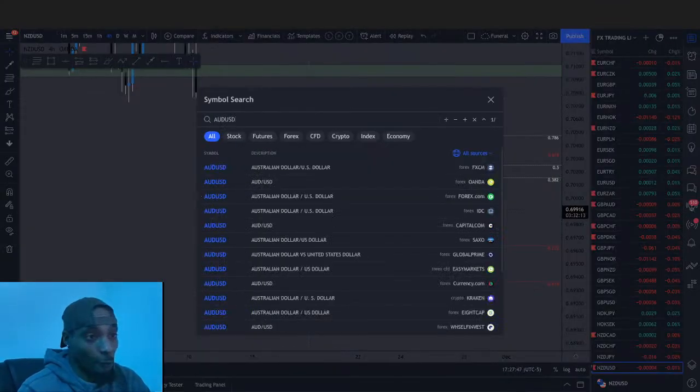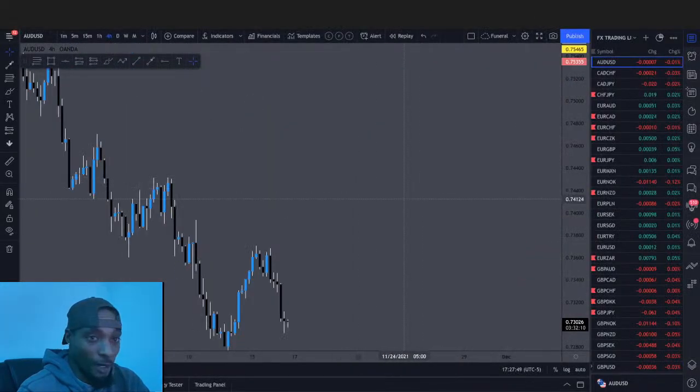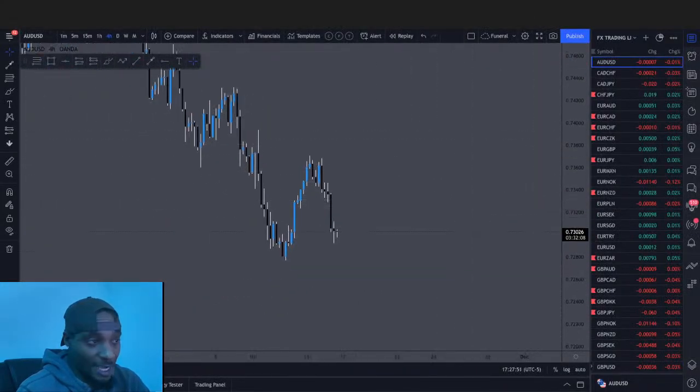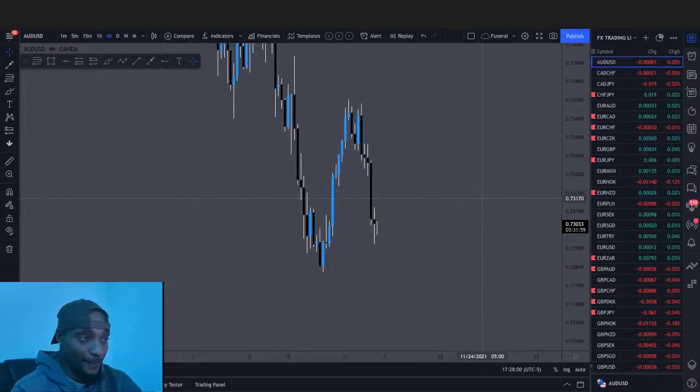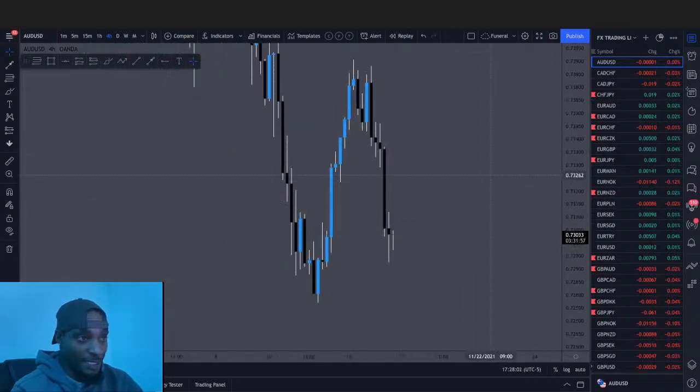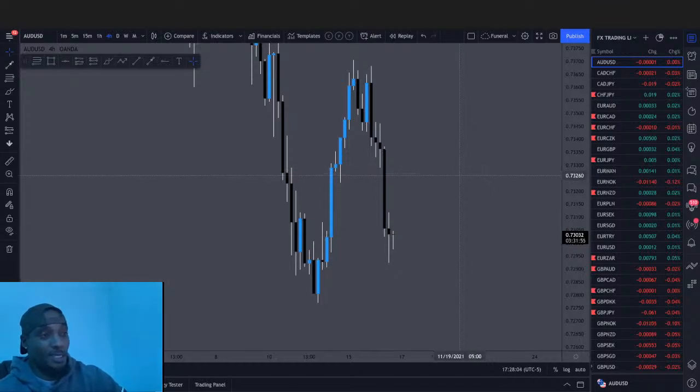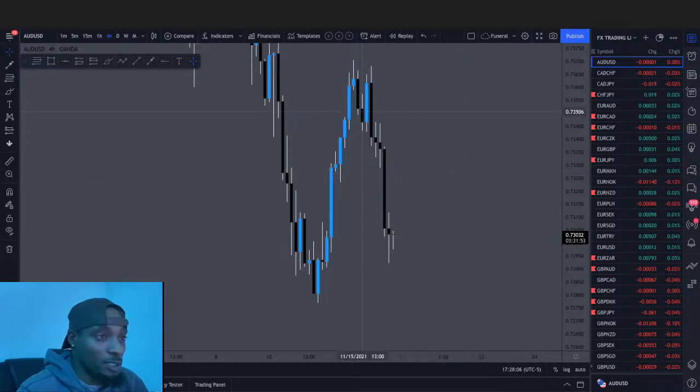AUD. We went over AUD already, and what I was looking for did not happen. We did not get to enter on this market. Price just didn't give me what I wanted, but I was looking for this move to the downside.